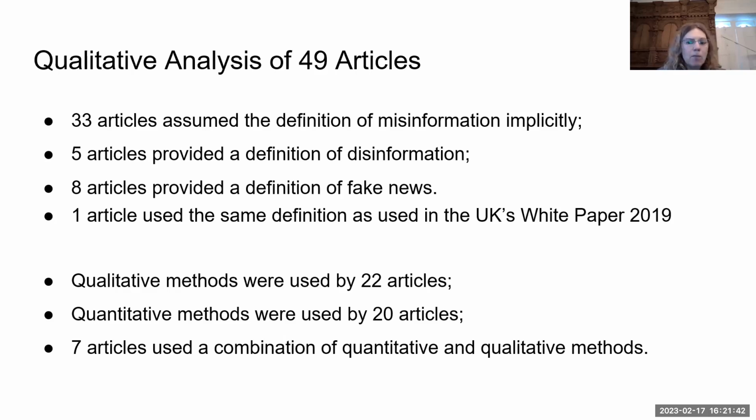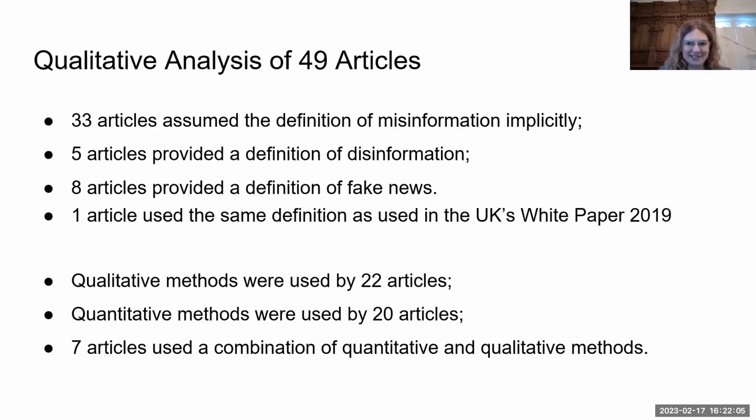At the same time, more than half of the articles did not provide any definition of disinformation or misinformation. Only 5 articles provided a definition of disinformation, and 4 articles provided a definition of misinformation. 8 articles provided a definition of fake news.